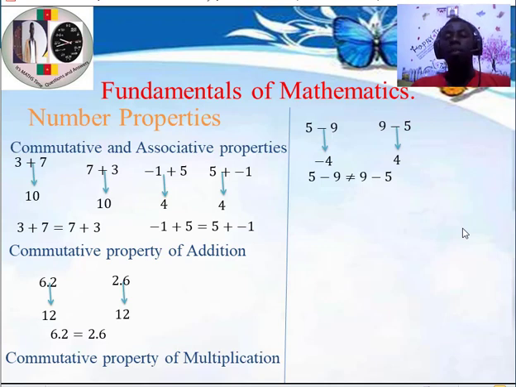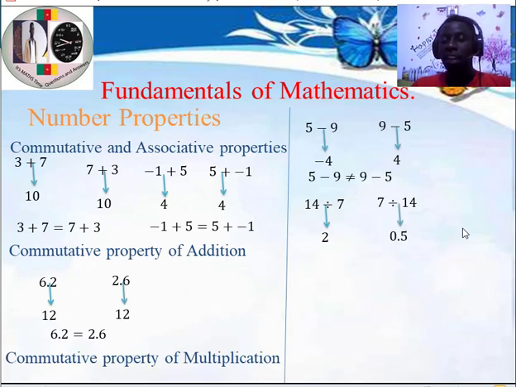What about the operation with division? For instance, 14 divided by 7. 14 divided by 7 is 2. But what about 7 divided by 14? 7 divided by 14 is a half, or what we call 0.5 in decimals.